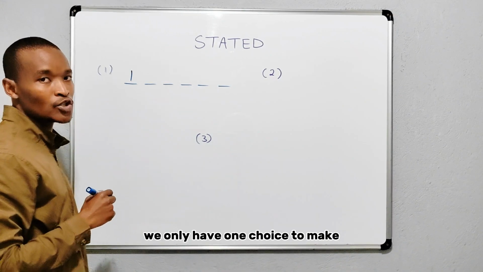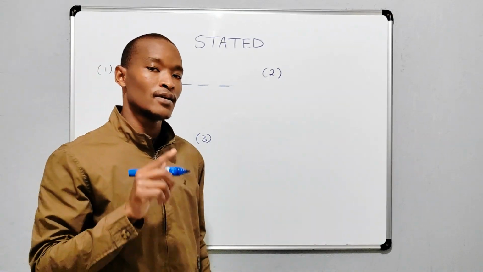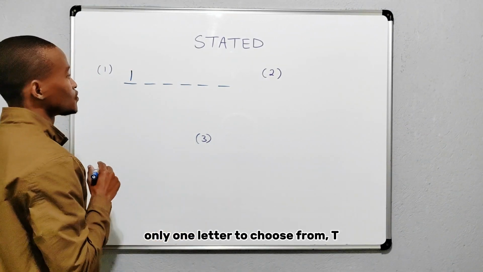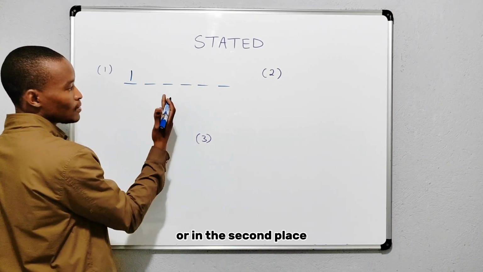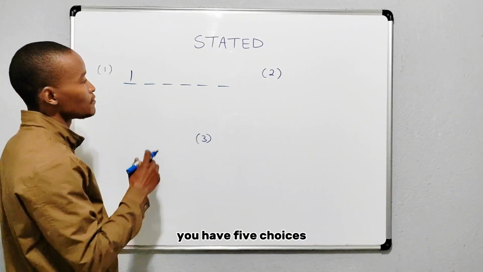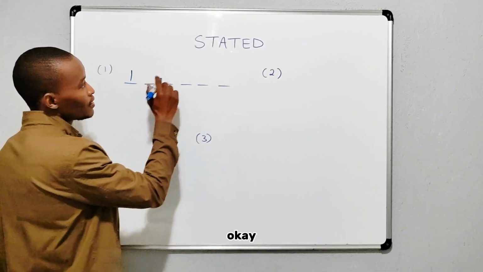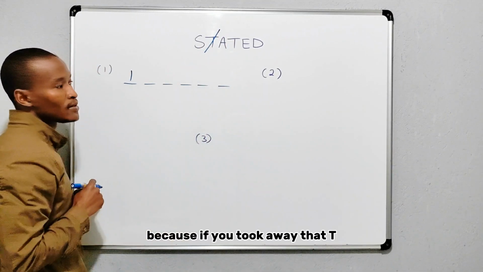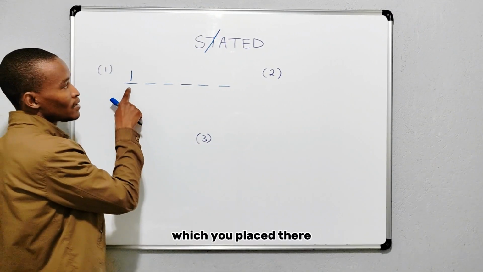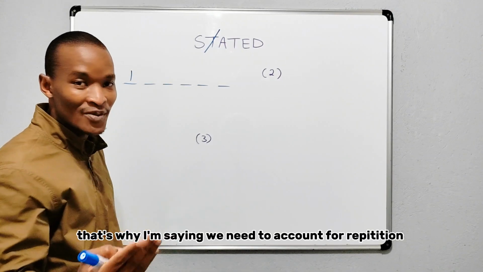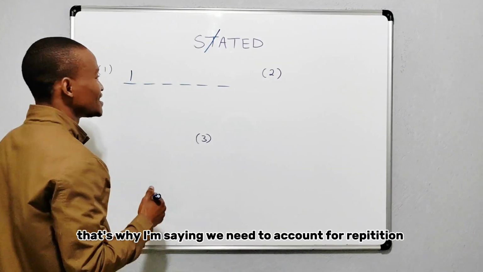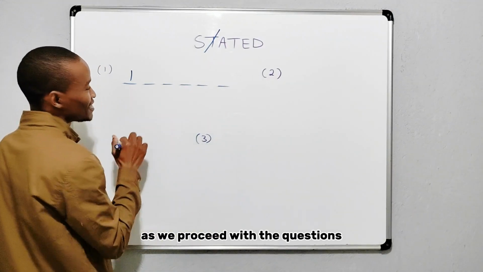We only have one choice to make, only one letter to choose from, T. In the second place, you have 5 choices, because if you took away that T which you placed there, it doesn't matter. That T or that T, it is the same T. That's why I'm saying we need to account for repetition as we proceed with the questions.